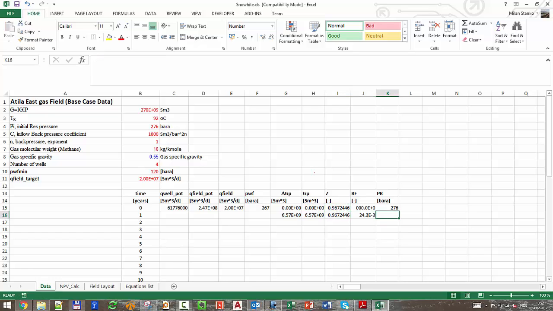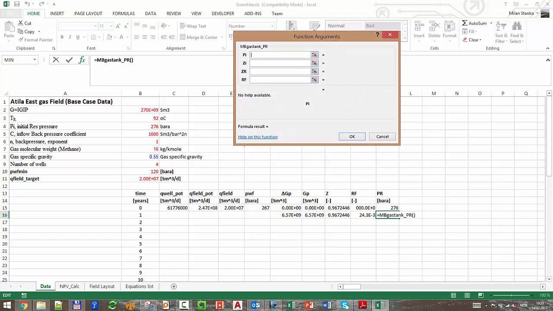And now I want to calculate reservoir pressure using the material balance equation that I call MB, PR. And here I have to provide the initial reservoir pressure, just that number, and I block it. Initial deviation factor is just that number, and I block it.